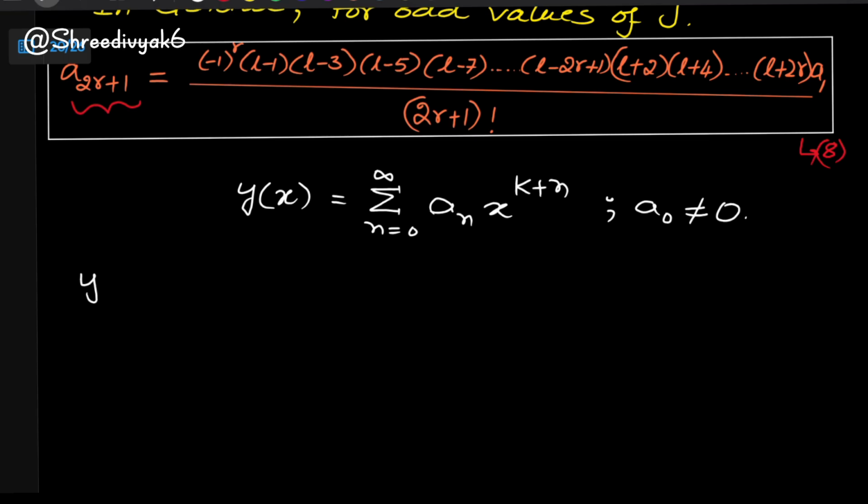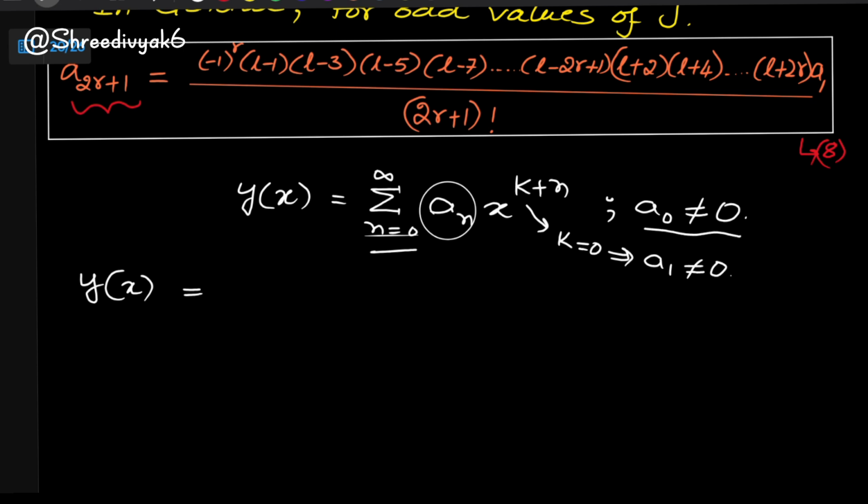Now here y of x is nothing but, what is this summation indicating? All those coefficients, right? So here, from the initial equation we got to know that this value of k is 0. If k is becoming 0, meaning a1 is not equal to 0. If a naught is not equal to 0, I am getting even power series. If a1 is not equal to 0, I am getting odd power series existing.